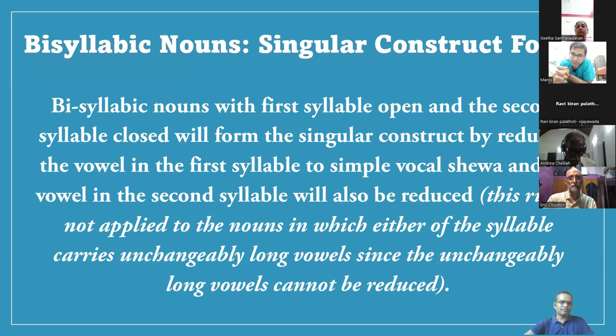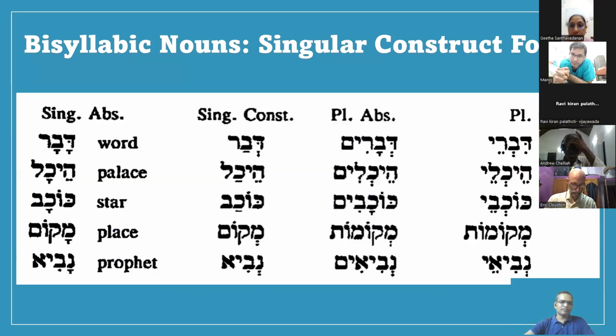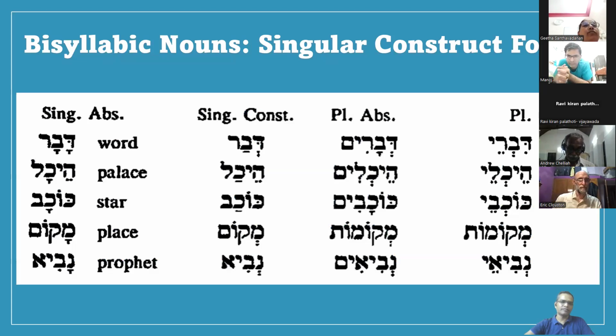So what will happen? Davar has become Devar. The initial consonant which was carrying kamats has been reduced to simple vocal Shiva, and the second syllable, which was a closed syllable carrying a long vowel, has been reduced to pata. All right. So Davar has become Devar in the construct state.